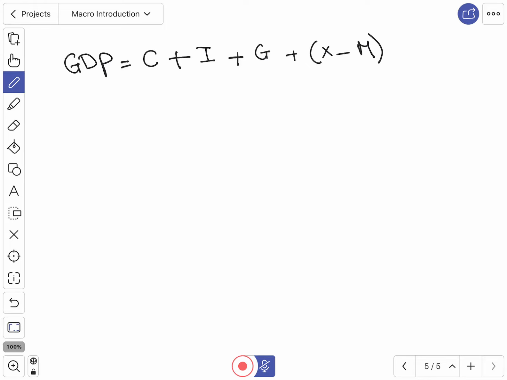And because I wrote everything in notation, let me also write the GDP in notation so that we are not confused later on when I use Y. So I'm using Y to represent GDP, or my notation for GDP.